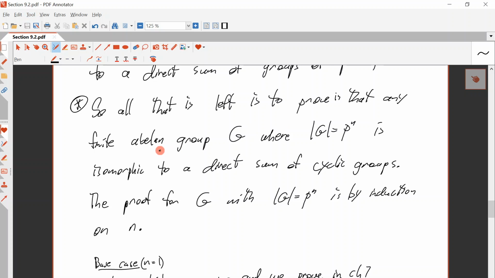All that's left is to prove that any finite abelian group G, where the order of G is p to the n, p prime, is isomorphic to a direct sum of cyclic subgroups.